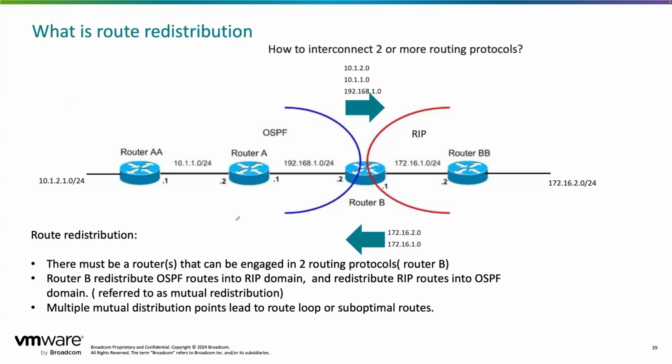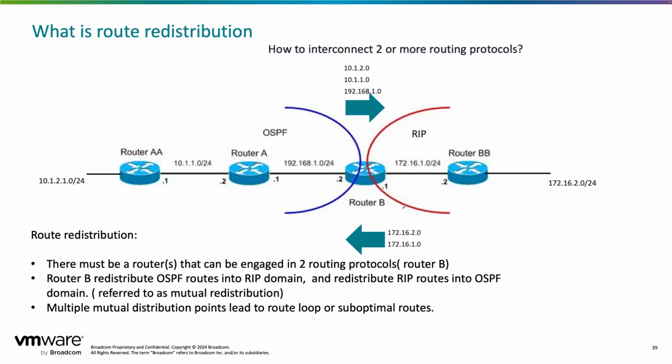If you look at this diagram, let's say there's an enterprise that has a huge network. One part of the network is using the OSPF protocol for routing, and another part of the network is using the RIP protocol.